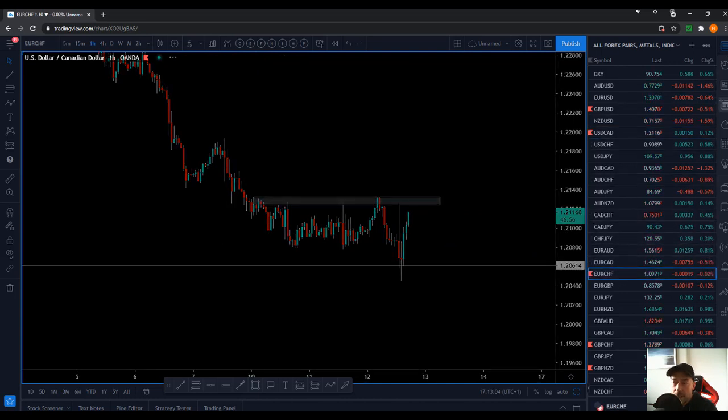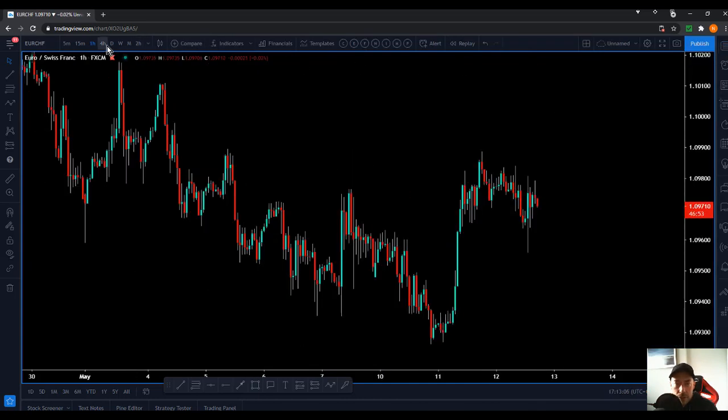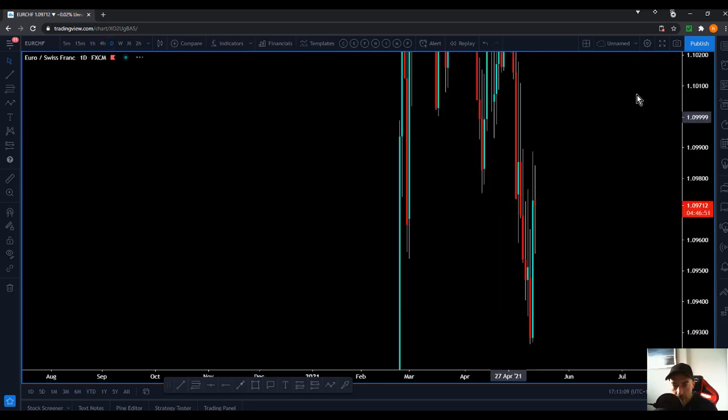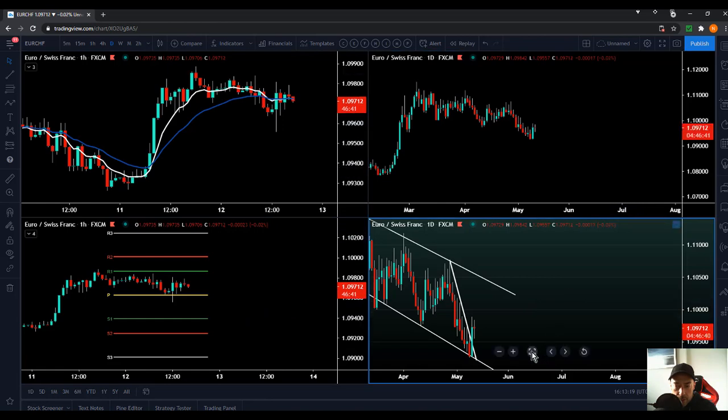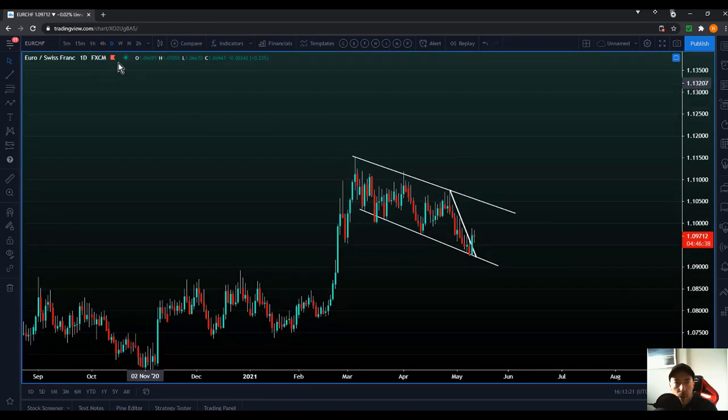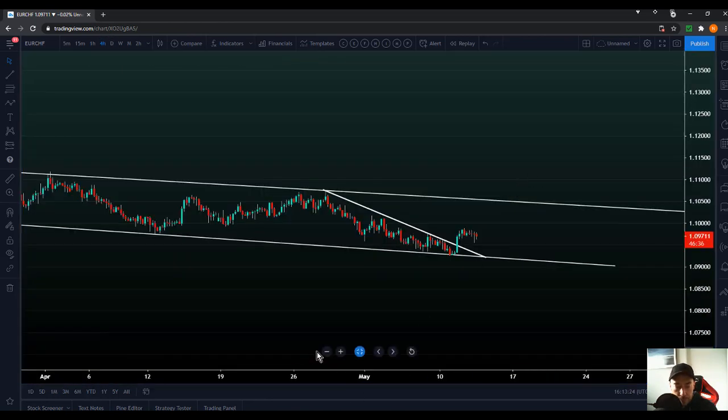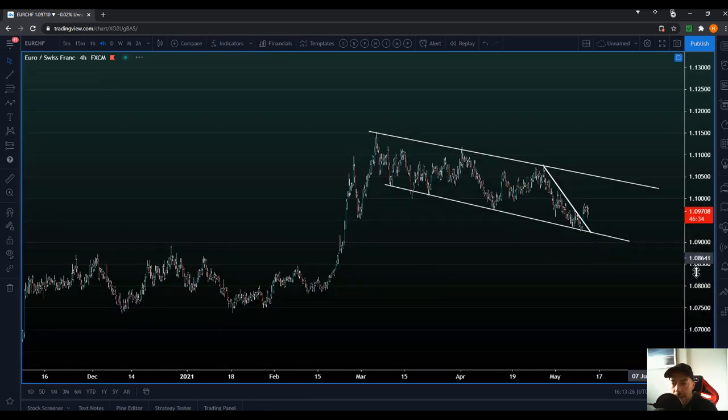Euro Swissy, this is something I actually sent out to the traders yesterday, but I've put it on the watch list as well. Just look at this one here. We've actually got a channel.